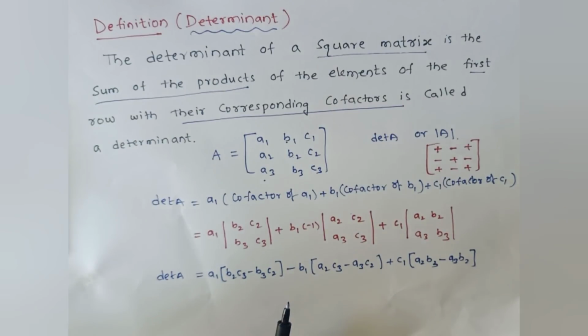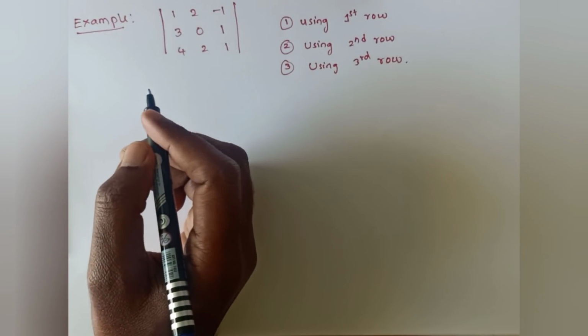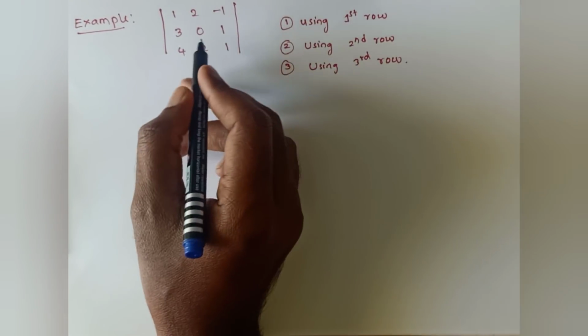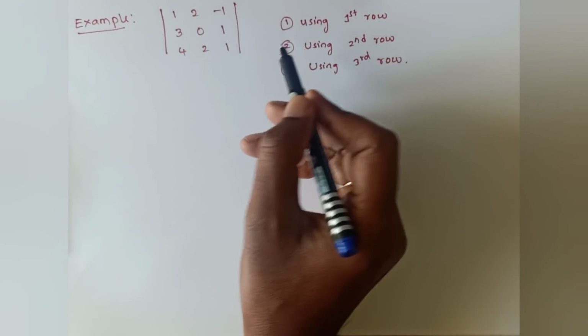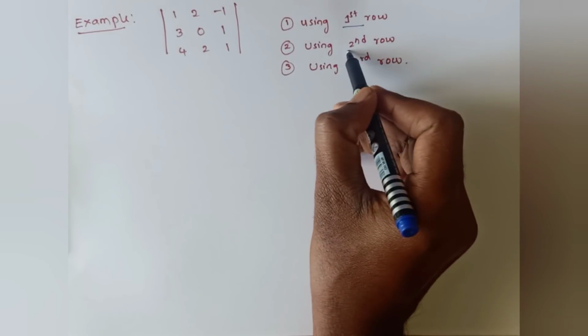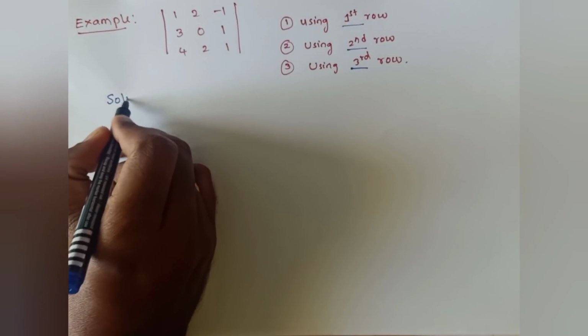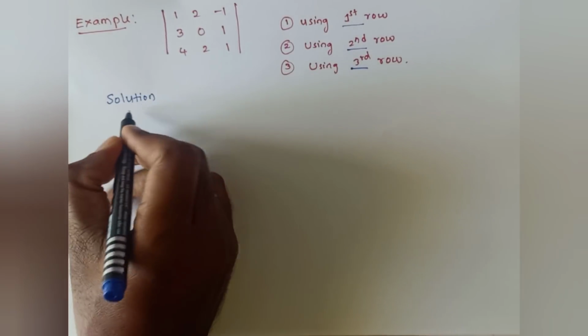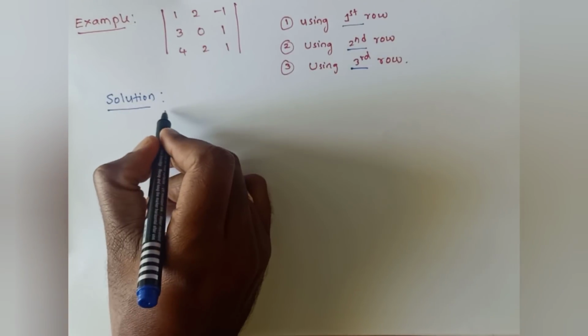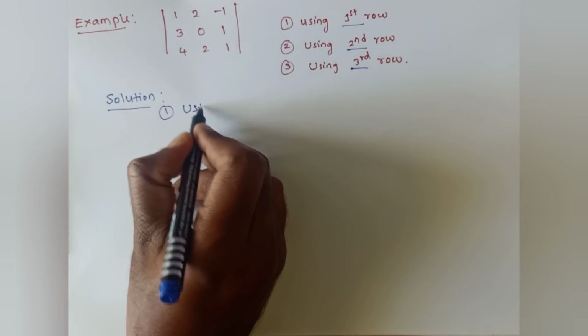So let's see one example. Evaluate the determinant of this matrix using the first row, second row and third row. Let's see the solutions. First evaluate the determinant of the given matrix using the first row.